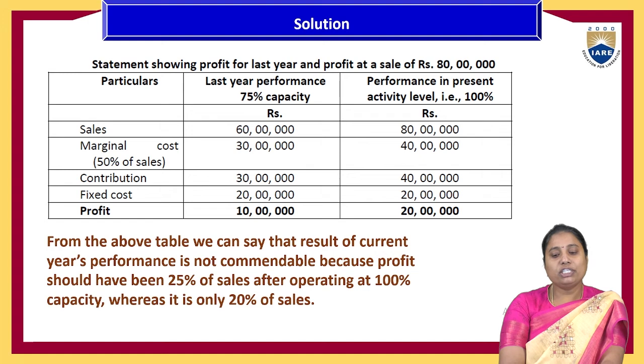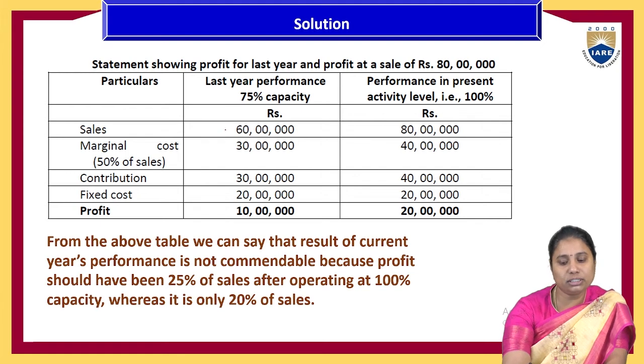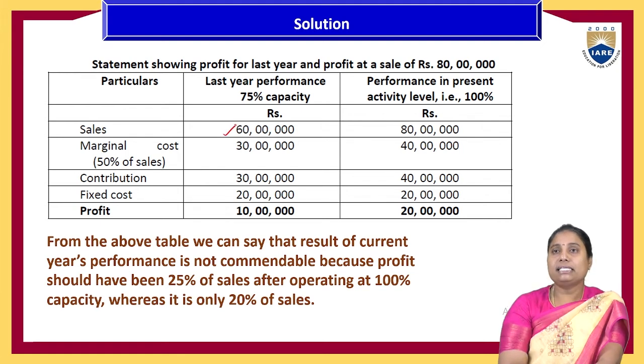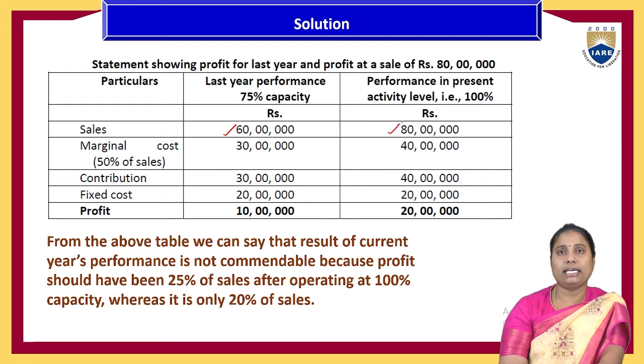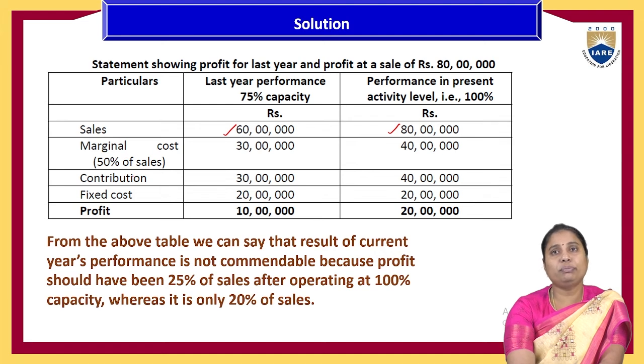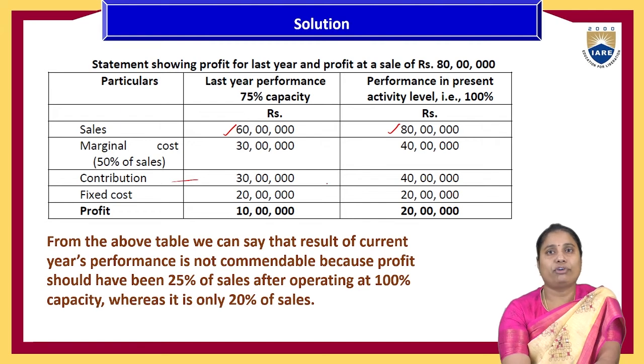So with this, last year's performance at 75% capacity, sales were 60 lakhs, whereas presently at 100% capacity they are expecting 80 lakhs. The next thing is marginal cost, 50% of sales: out of the 60 lakhs, 50% marginal cost means 30 lakhs, and 40 lakhs, so the contribution is 30 lakhs and 40 lakhs.